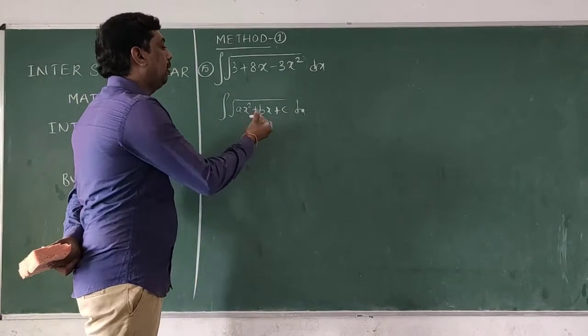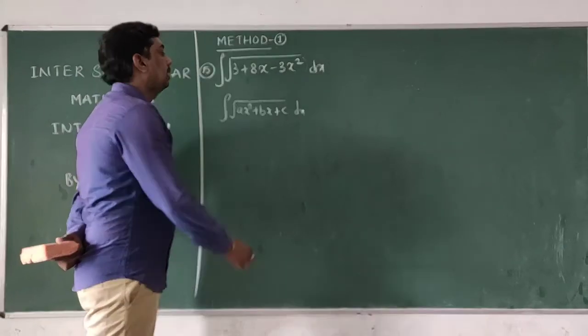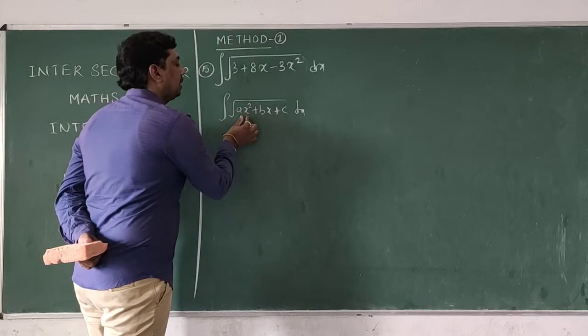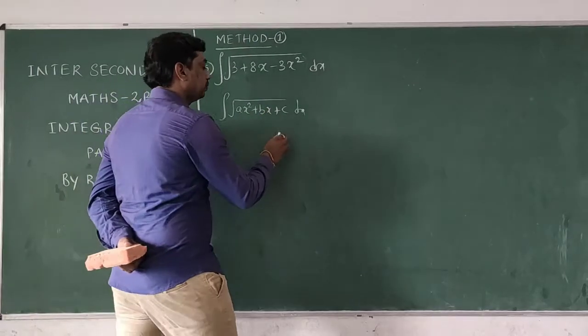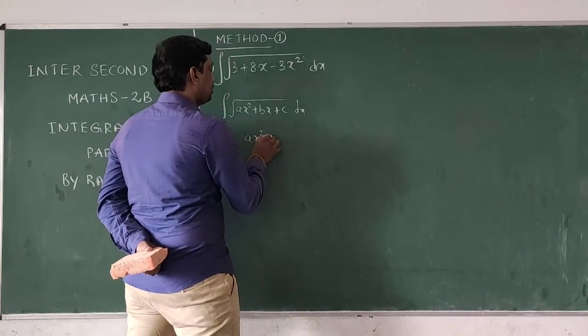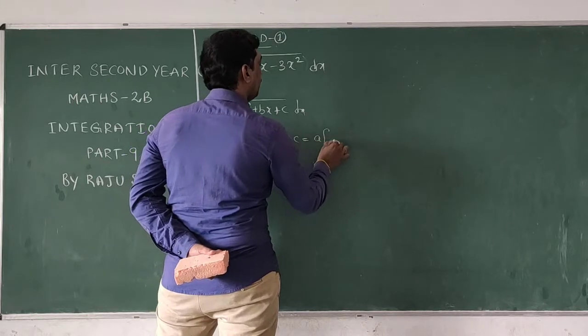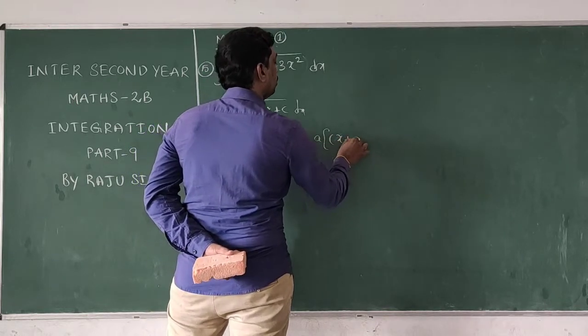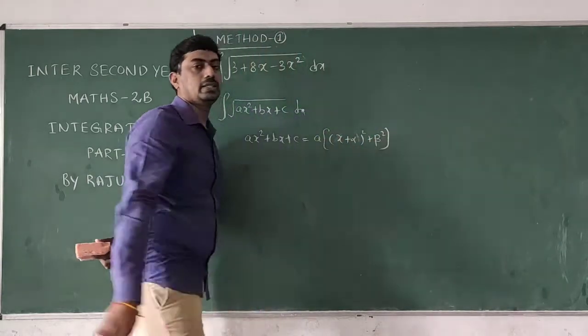I already explained in method 1 the process to solve problems like these. Reduce ax square plus bx plus c into the form a into x plus alpha whole square plus beta square.